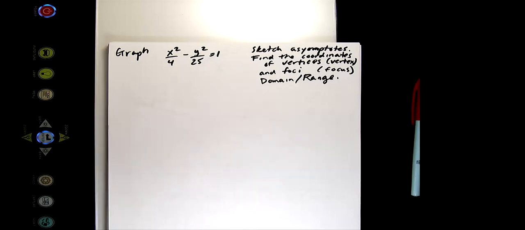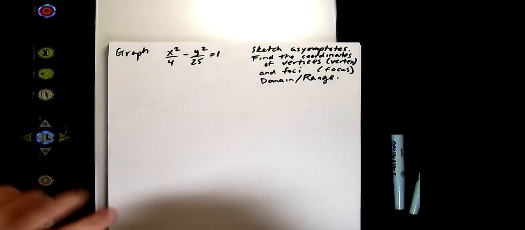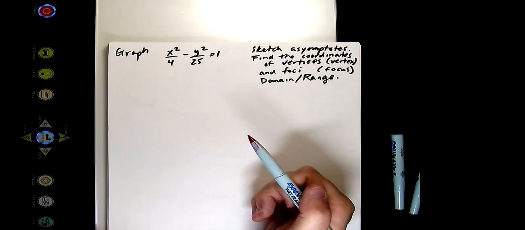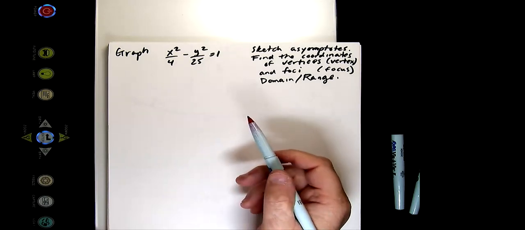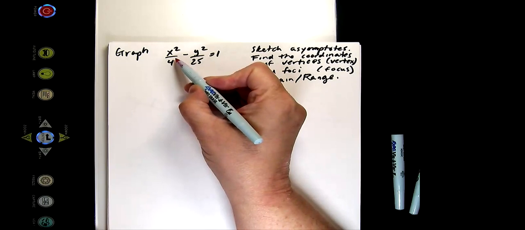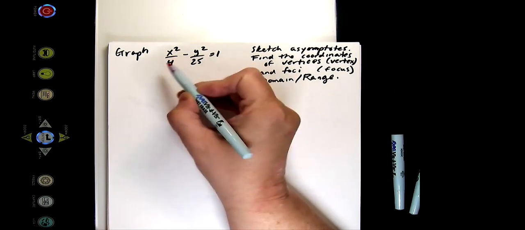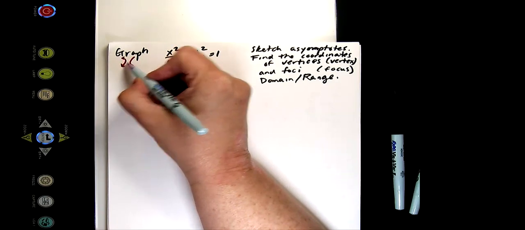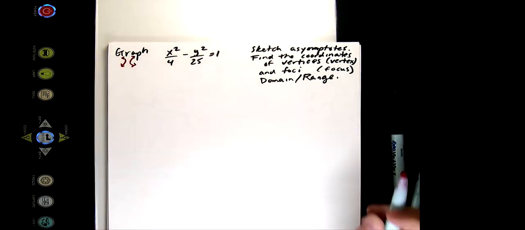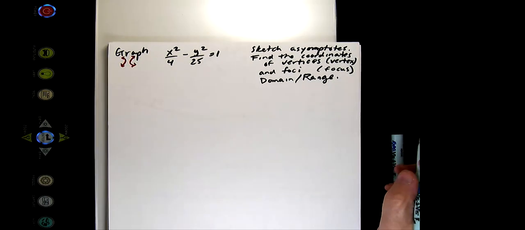I recommend when you get started, just identify where your transverse axis is and what it's going to look like. My x squared is the positive one. If the parabolas or things are going to open along x, I just draw a little tiny picture to remind myself later on of what that's going to look like.